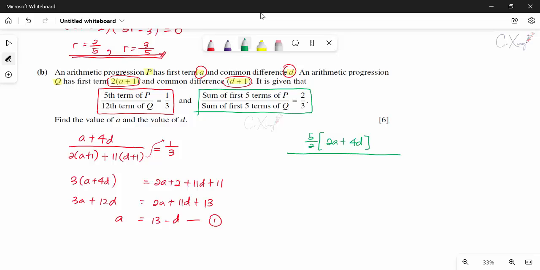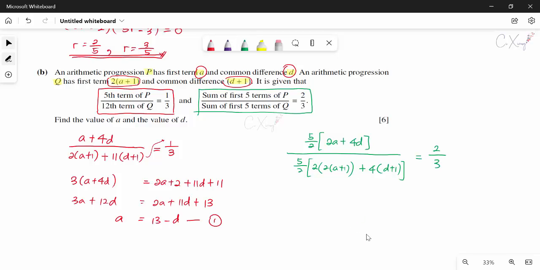So it will be 5 over 2, n over 2, times 2 multiplied with 2A plus 1, this is the A, 2, then 8 inside. So 2A plus n minus 1 D, n minus 1 is 4 also, and the D is D plus 1. So this equals 2 over 3.